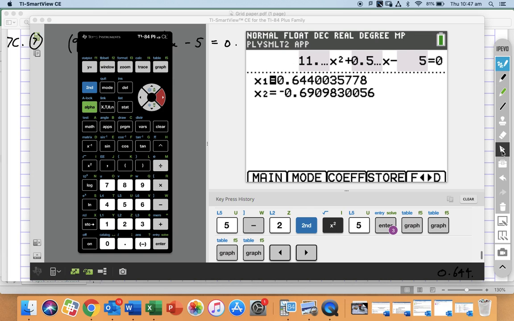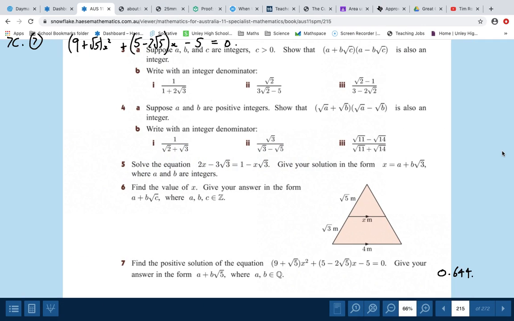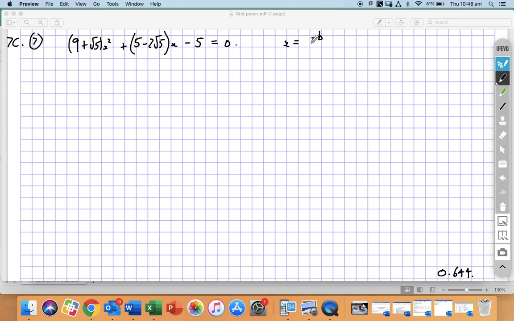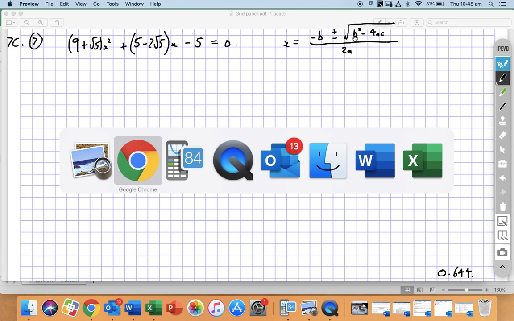Okay, now we'll do the work that the book actually wanted us to do, which is to use the quadratic formula on this question. Now, hopefully you know this formula. It's x equals... In another video I'm going to show you how to derive it if you've forgotten or never been shown. Square root b squared minus 4ac. Now, the question says that you only want the positive solution.